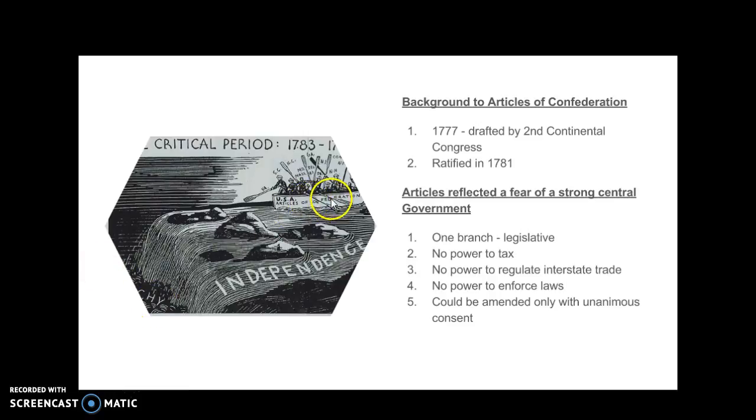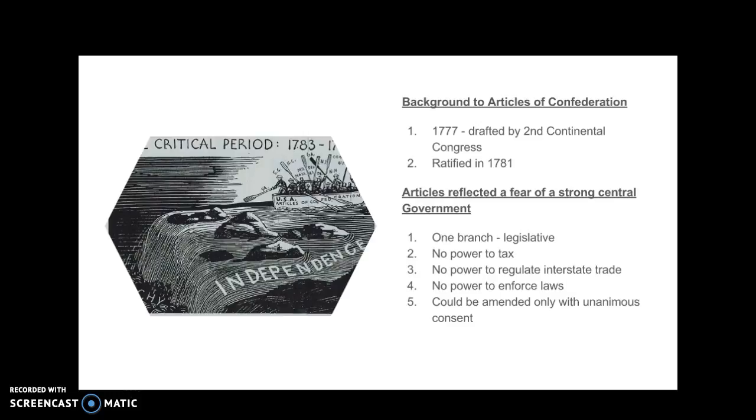And what boat is traveling down this waterfall and about to go overboard and into the Sea of Anarchy? The United States under the Articles of Confederation. So this should give you some insight as far as the success that these Articles of Confederation had. Some background to the Articles of Confederation.